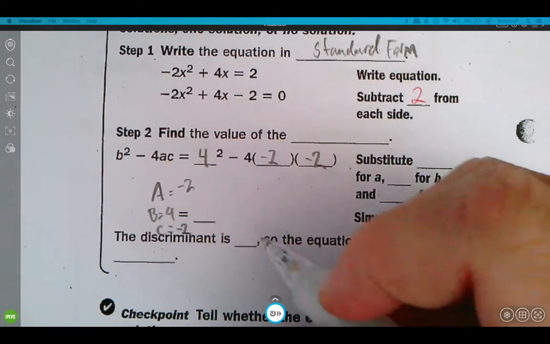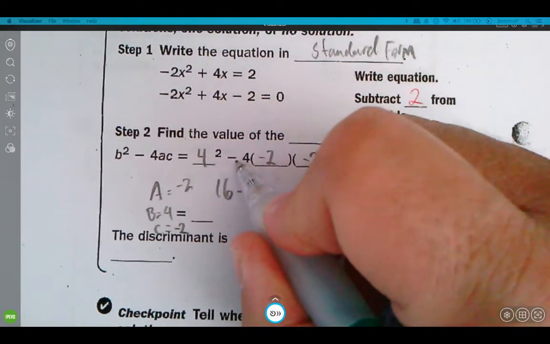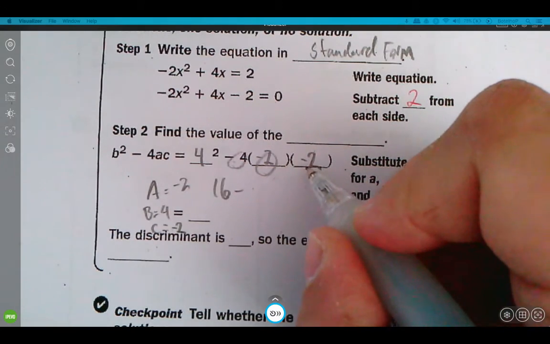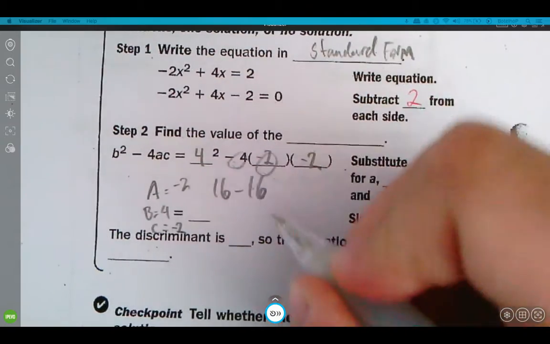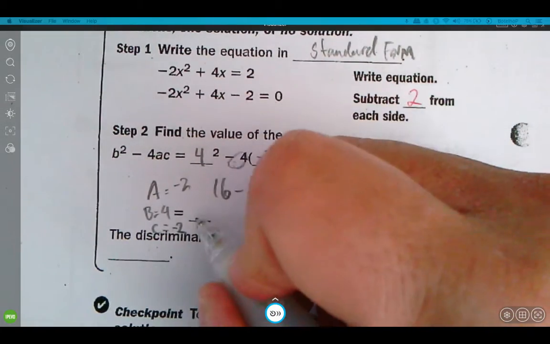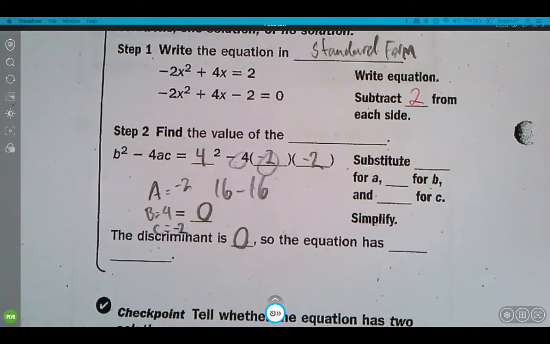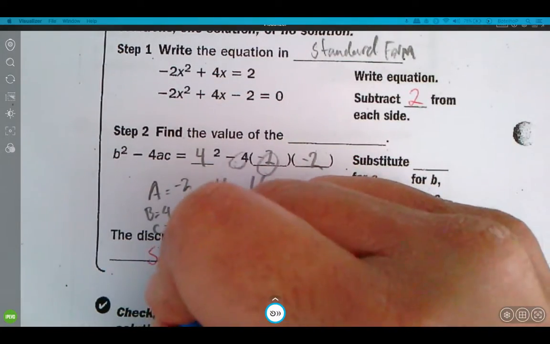That gets me 16 minus -4 times -2 is +8, right? +8 times -2 is -16. So I get 16 minus 16, so I get 0. The discriminant is 0. So the equation has only one solution.